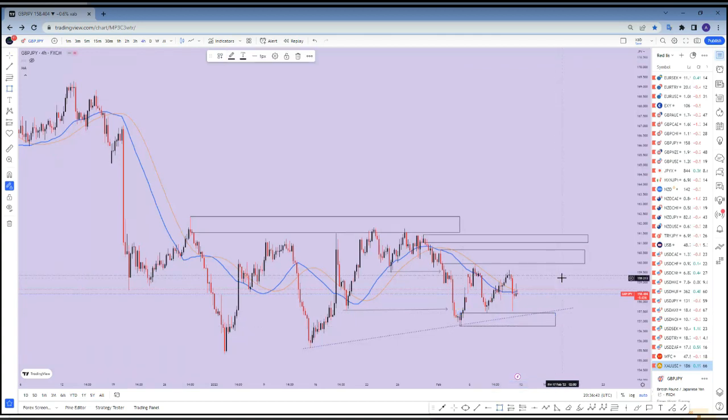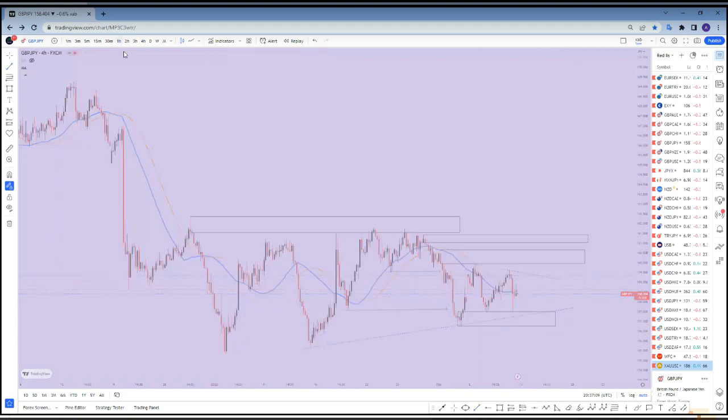This is what we've seen so far on GJ. Price has retested into this other block, so for me, I will just be waiting to see price break this trend line.